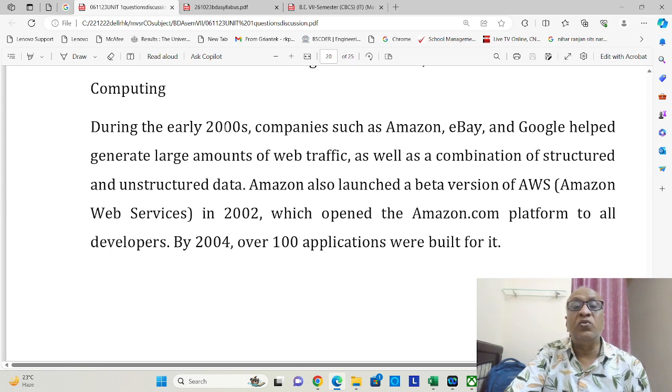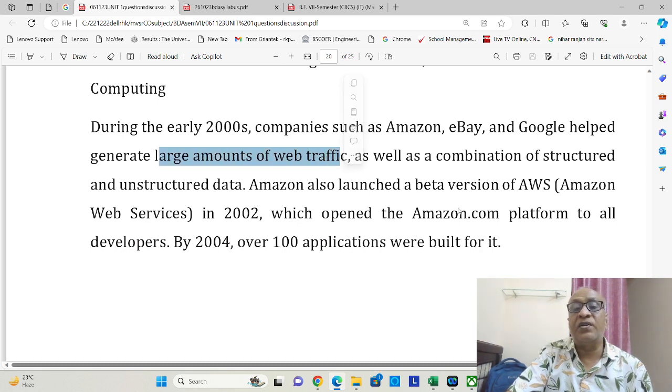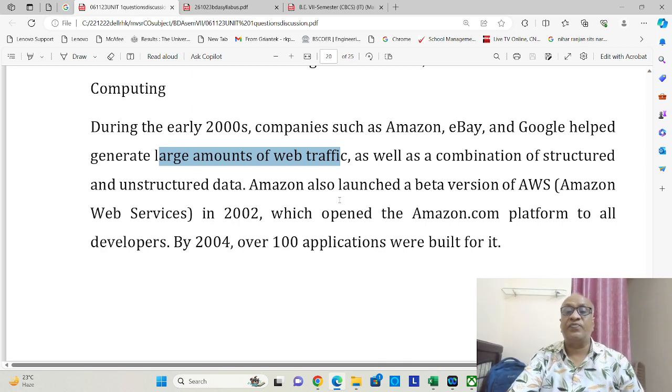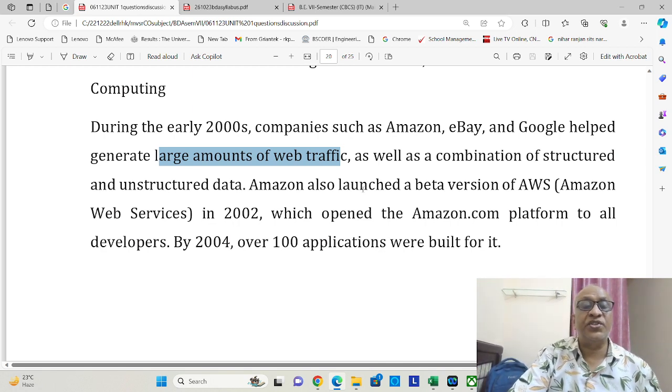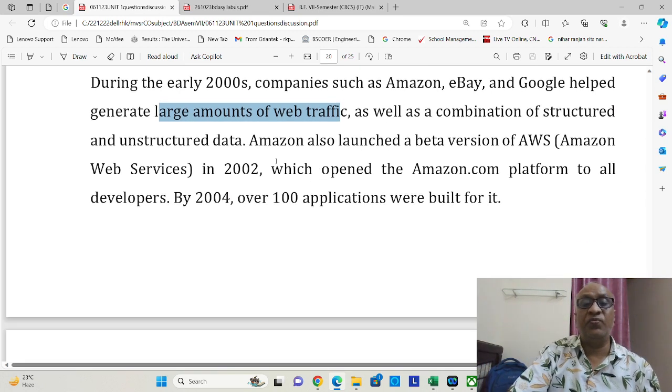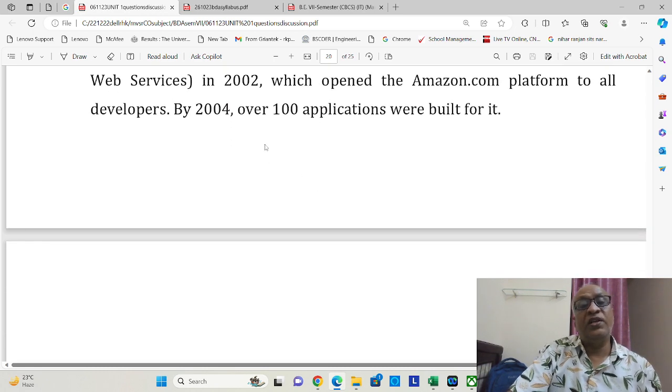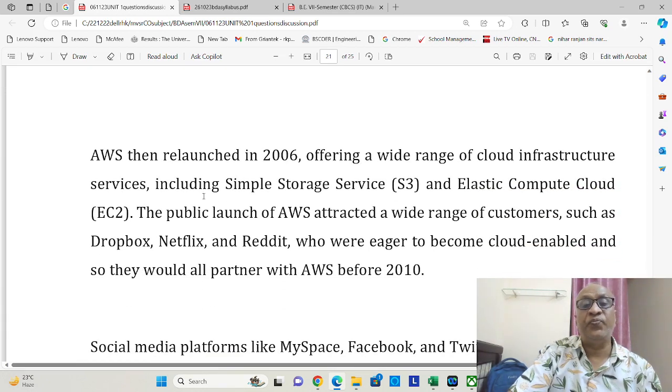During the early 2000s, because of Amazon, eBay, and Google, a large amount of web traffic was created, which was a mix of structured and unstructured data. Then AWS came. In 2002, the Amazon platform was developed. And by the year 2004, over 100 applications were built for it.